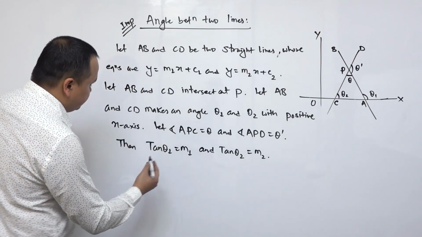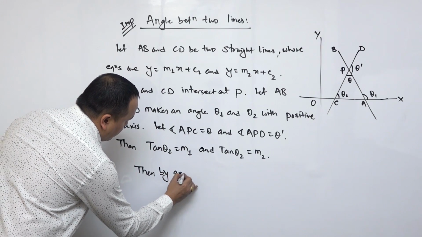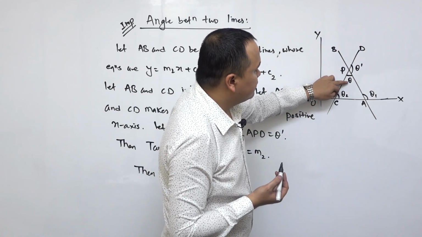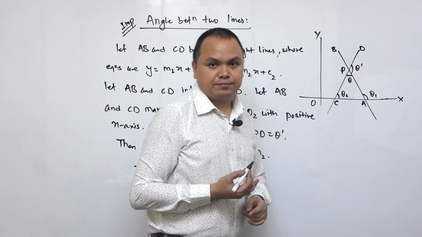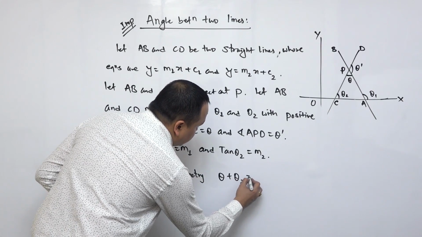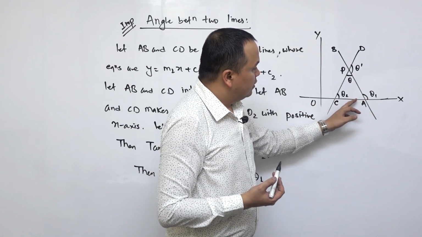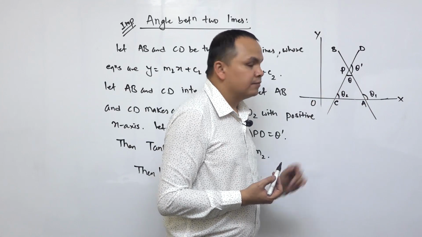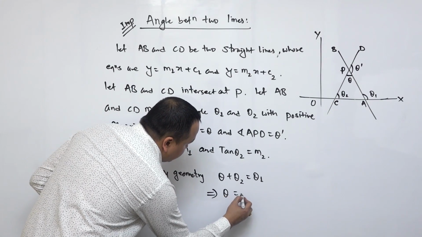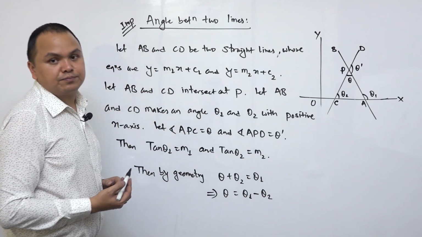Then by geometry, theta plus theta 2 is equal to theta 1, exterior angle of a triangle. This implies theta is theta 1 minus theta 2.